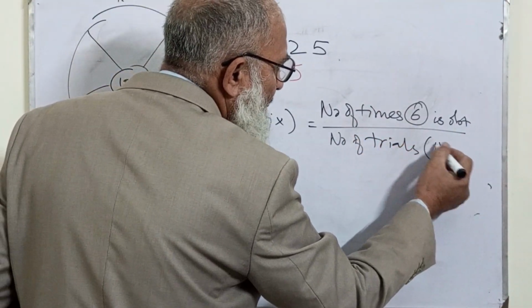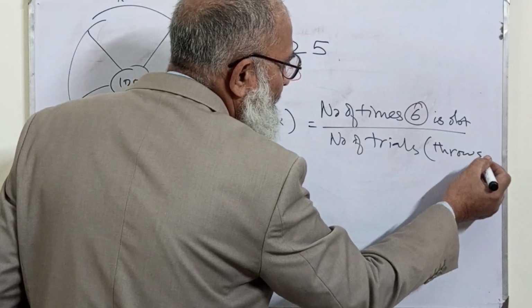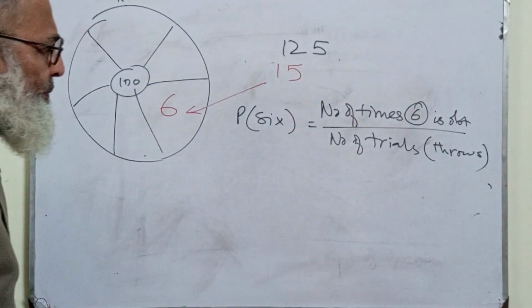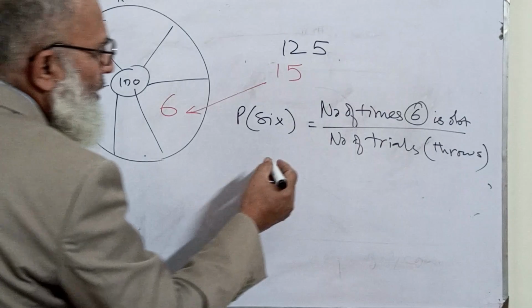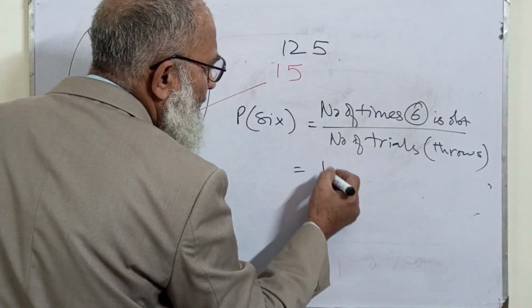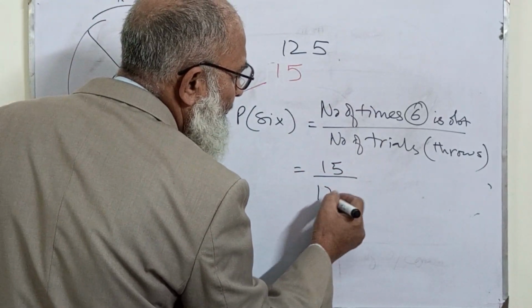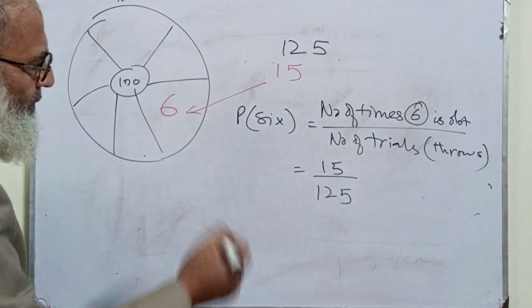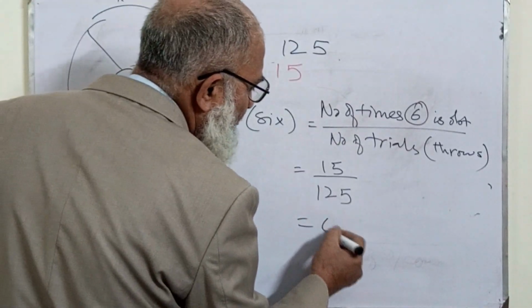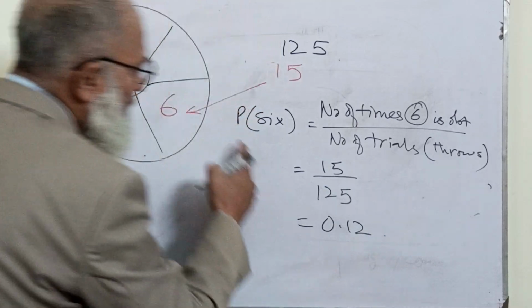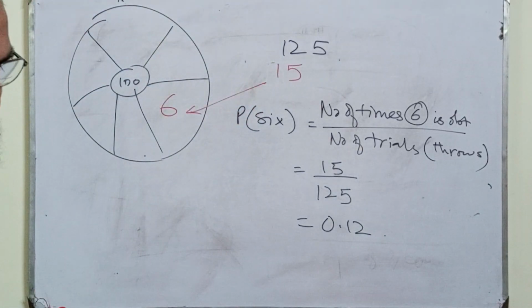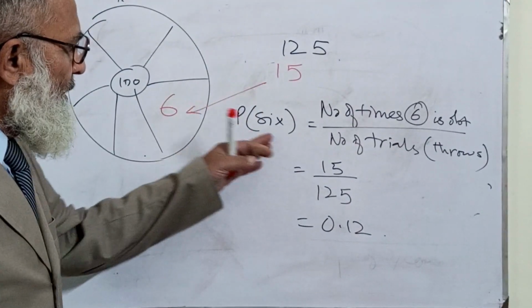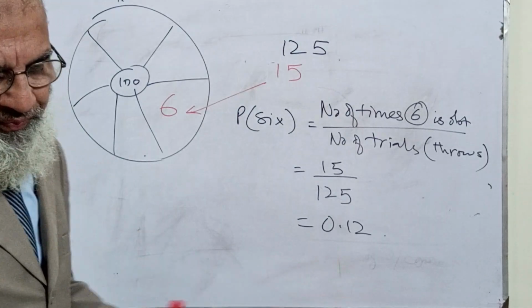You can also say number of throws. Now manipulating this, it will be 15 divided by 125. Simple. It is 15 divided by 125, and when you solve it, it will become 0.12. So the probability of 6 is 0.12.